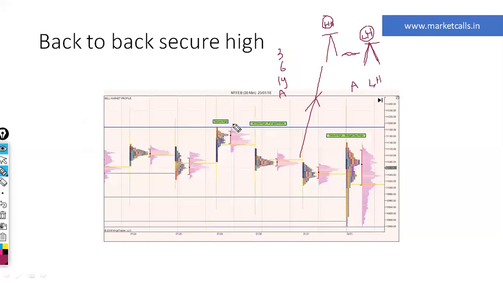Right. When I was talking about this, I also talked about this pattern in the old market profile analysis section in market calls. So till today this is an all-time high. It came with a back-to-back secure high. And we also look into the back-to-back secure high or back-to-back secure low.